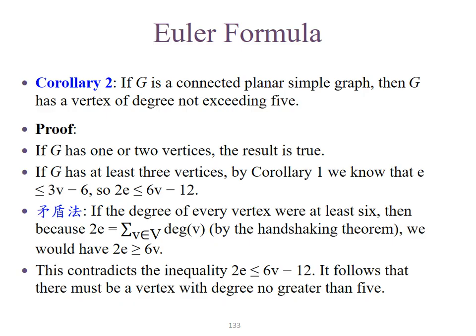So you can see these two conditions contradict each other. The contradiction comes from the assumption that every vertex has degree at least 6. Then we derive the contradiction to this inequality. This proves that the graph G has a vertex of degree not exceeding 5.